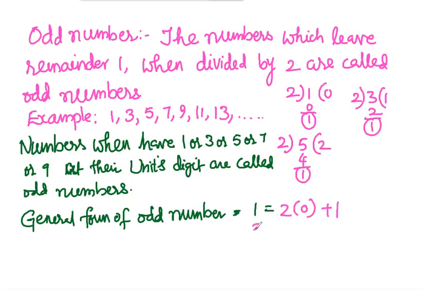If we take 3, 2 into 1 plus 1. 2 ones are 2, 2 plus 1, 3. If we take 5, 2 into 2 plus 1. 2 twos are 4 plus 1, 5. If we take 7, 2 into 3 plus 1.